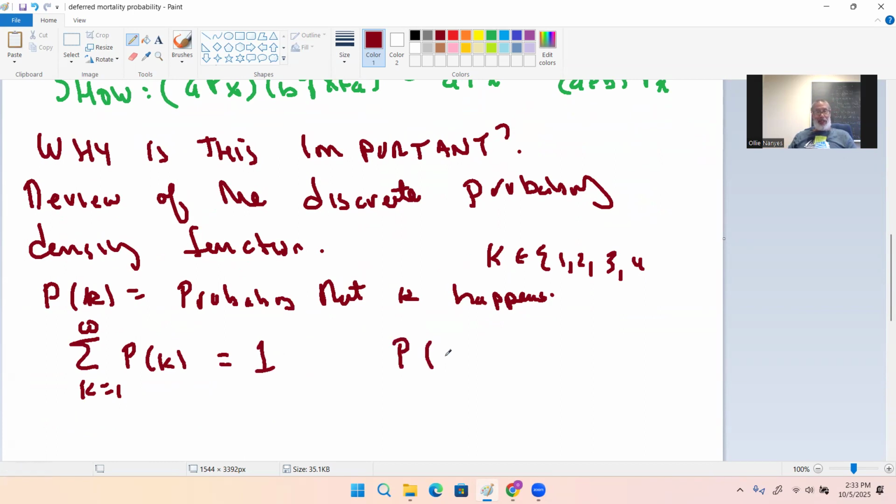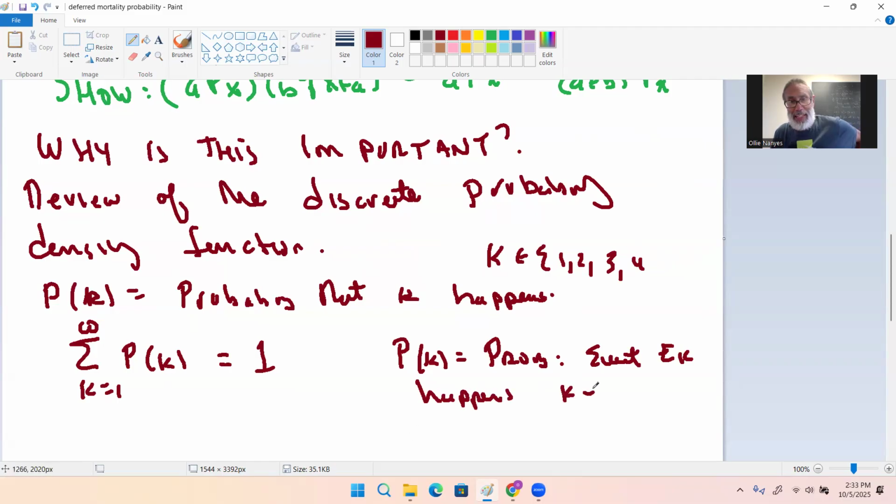And the probability of K, let's use event notation here. Let P of K denote the probability that event E sub K happens.